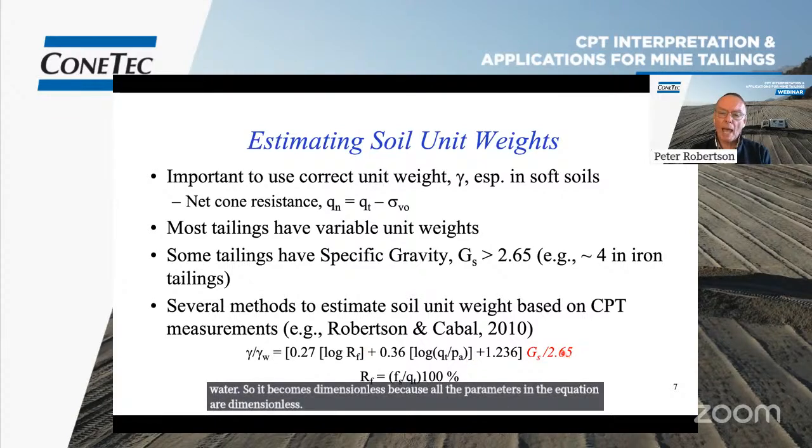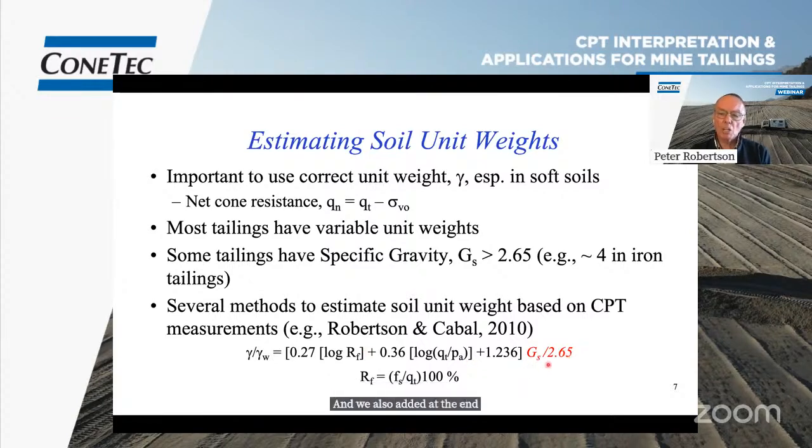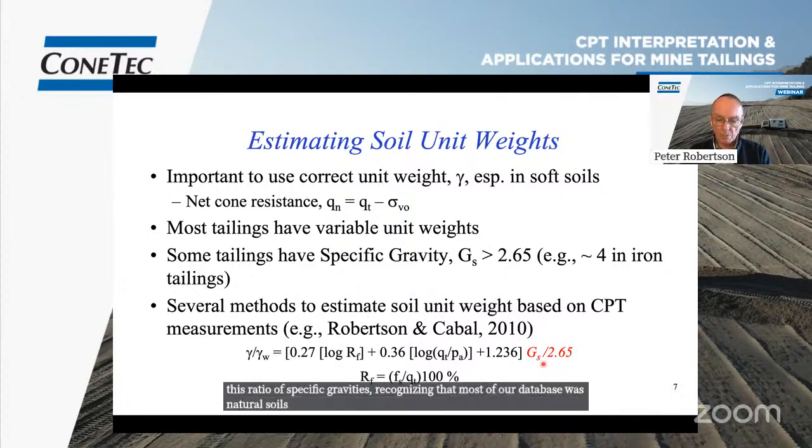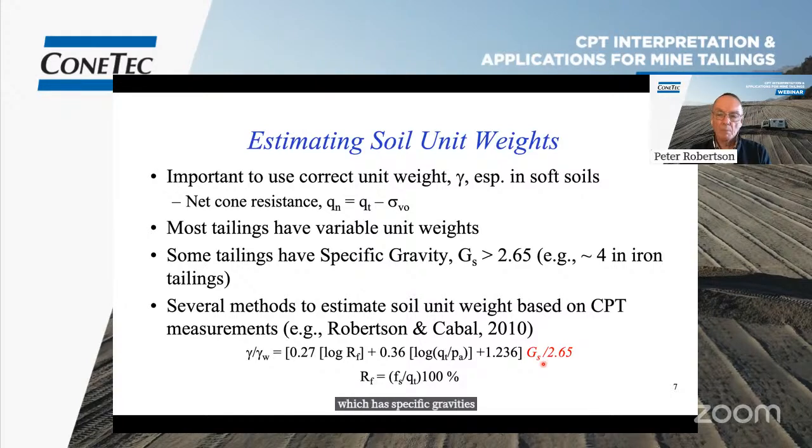And we also added at the end this ratio of specific gravities, recognizing that most of our database was natural soils, which had specific gravities around 2.65. But recognizing that if you were in soils that had significantly different specific gravity, then you could modify it based on this ratio.